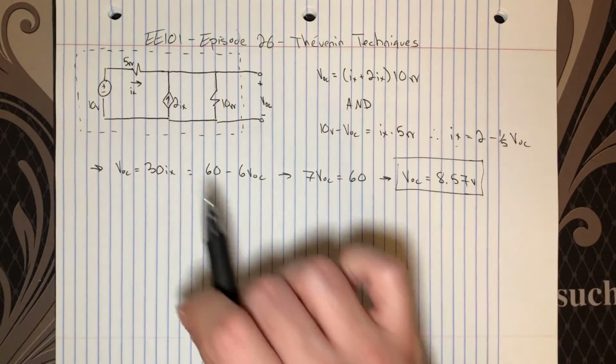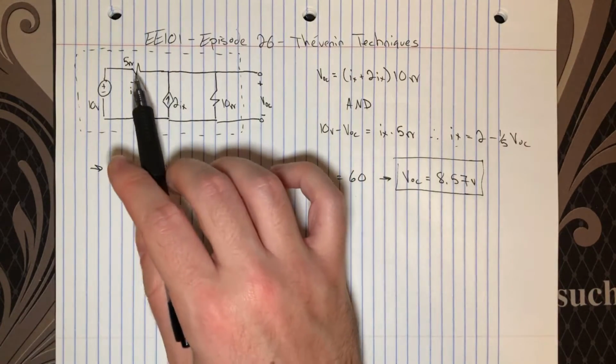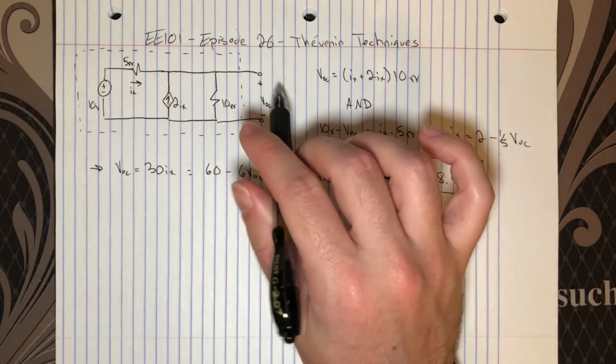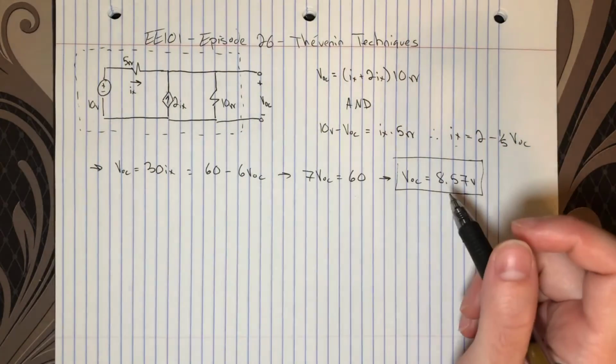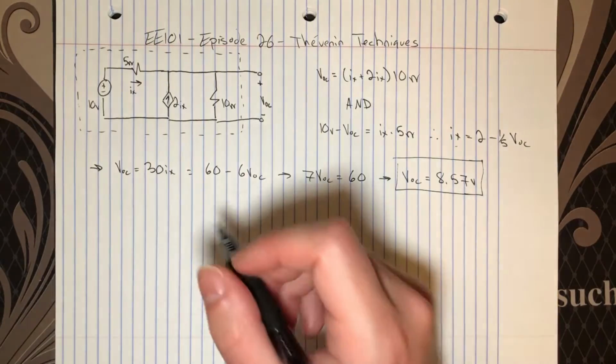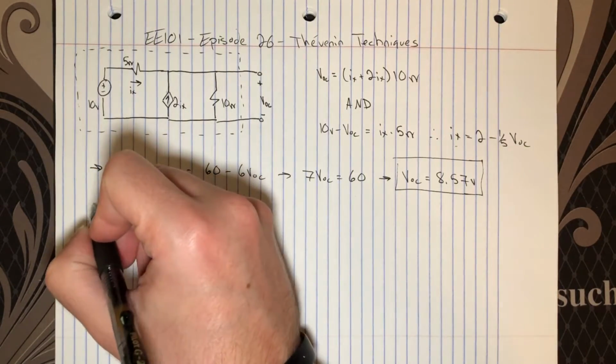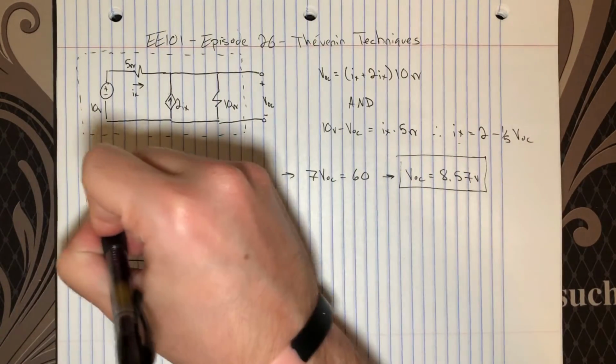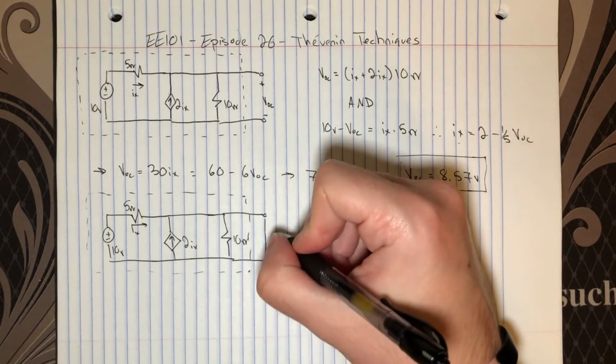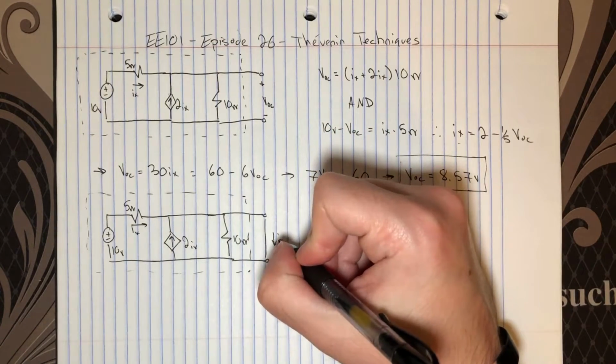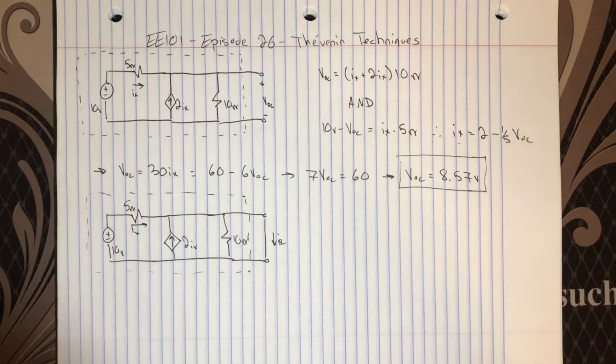But keep in mind, because we have a dependent source in here, I cannot just zero the sources. I need to find the short circuit current. So the equivalent circuit model for that is going to look like this. But then what I'm going to do is short these terminals together, and this is ISC, or I short circuit.